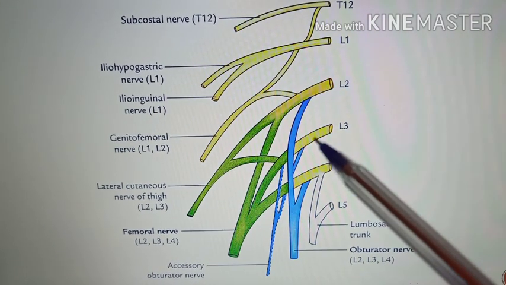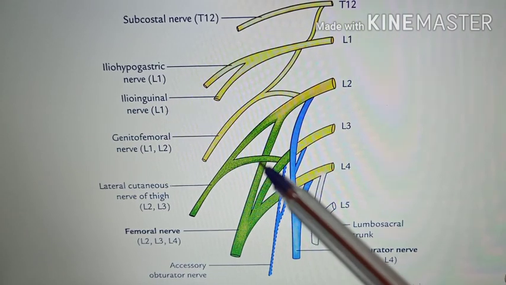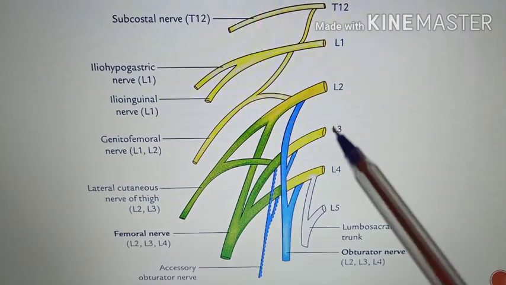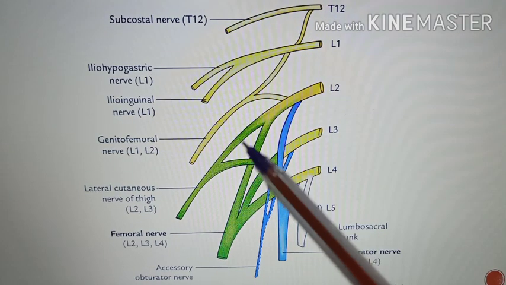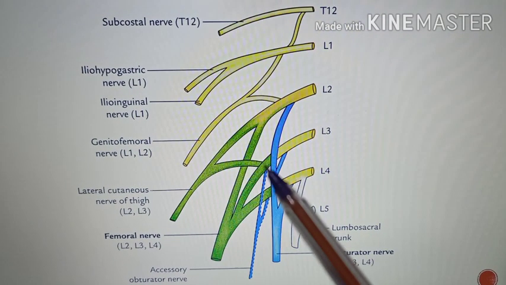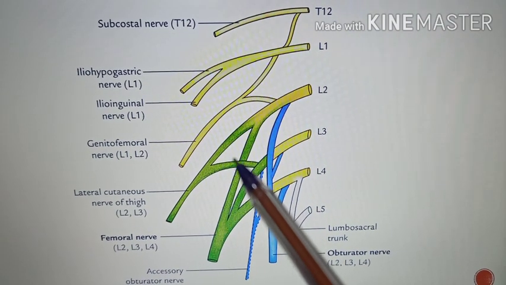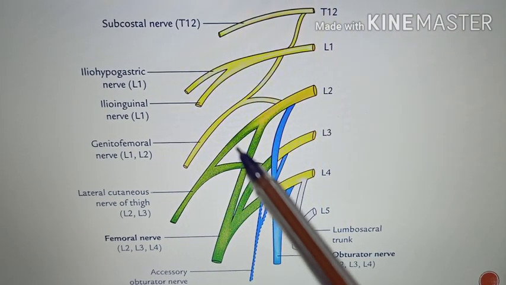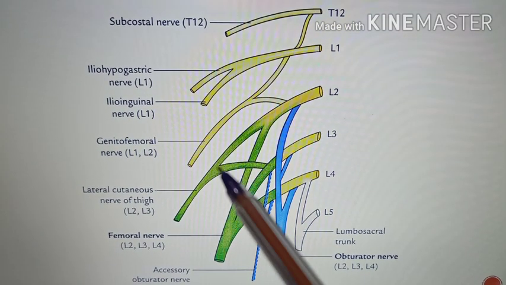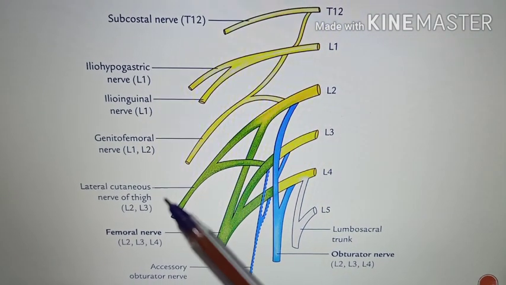Whereas this L3 also is giving a smaller dorsal division as well as a larger dorsal division. So the smaller dorsal division given by L2 along with the smaller dorsal division given by L3, both these unite to form the lateral cutaneous nerve of thigh.